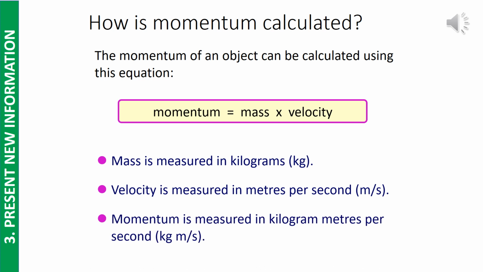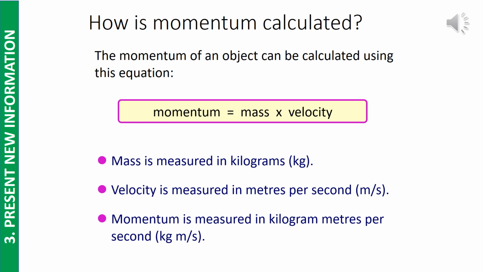So knowing it is the mass and the velocity that affect the momentum of an object, we can put that together to form the equation. The momentum of an object can be calculated using the equation where momentum equals mass times velocity. Mass is a quantity we use all the time, and the standard unit for mass is the kilogram. Velocity is also one of our standards, and it is measured in meters per second.